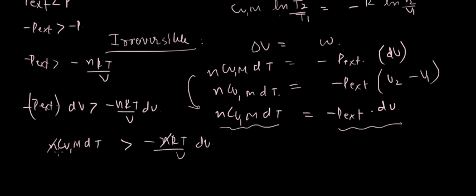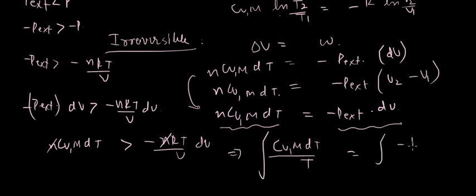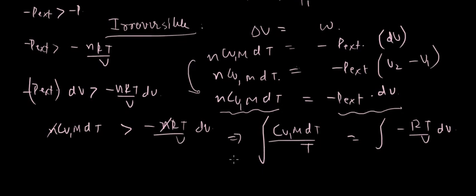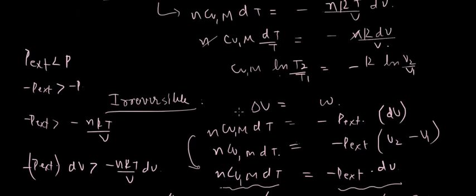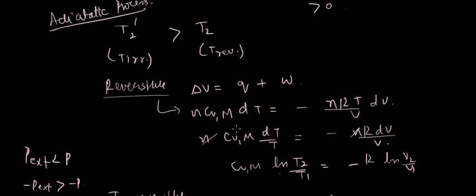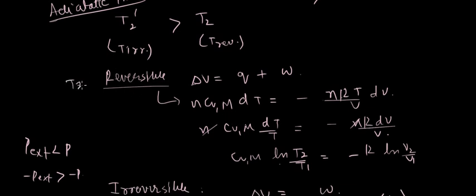The n gets cancelled. Shift T to the denominator of the LHS, so we get Cv,m dT upon T, which on integration would give us minus R dV upon V. Let's mark that the final temperature in the reversible case was T2, and the final temperature in the irreversible process was T2 dash.